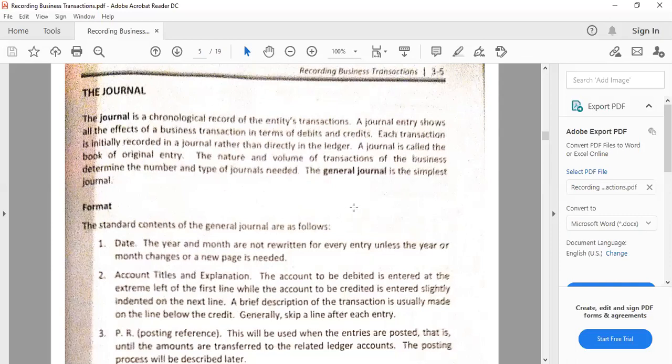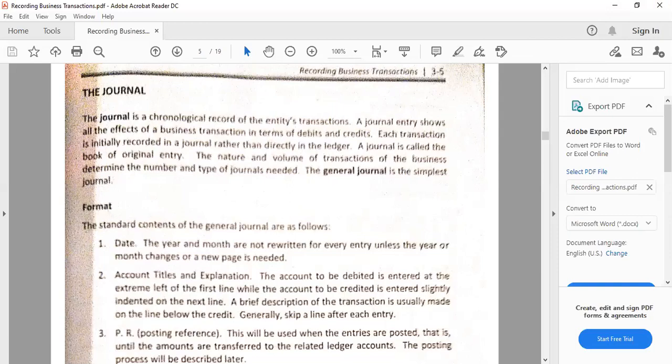The general ledger, on the other hand, is called the book of final entry because that is the time that we are going to summarize the impact or effects of transactions and the amounts. Then we are going to process them later on to the next steps. Although the next steps will also be part of the accounting records, these are the first two accounting records, the general journal and the general ledger.